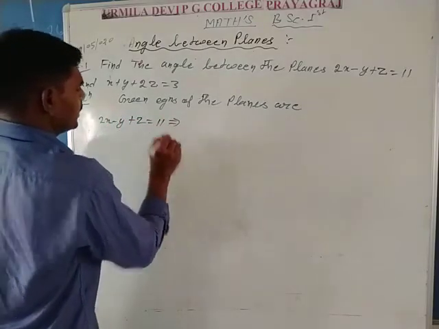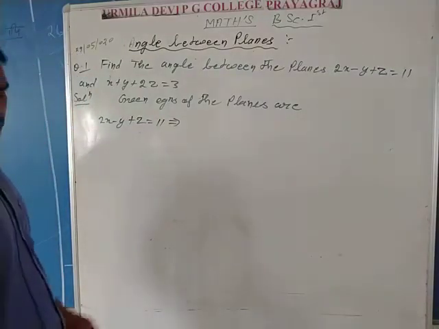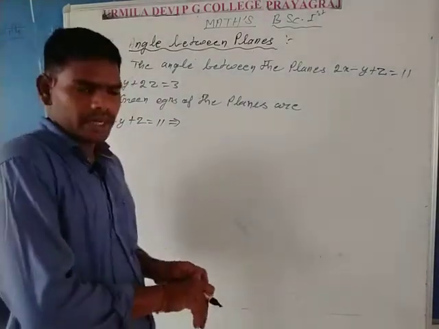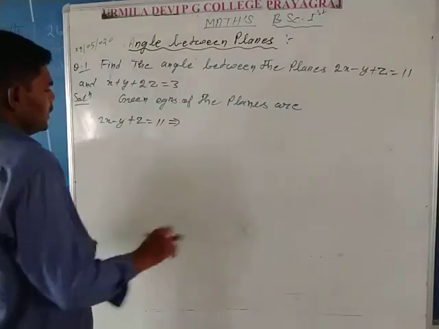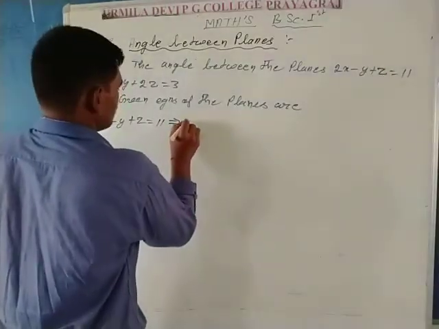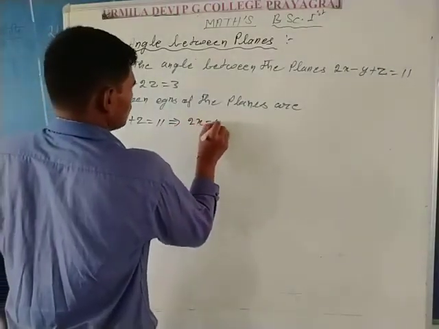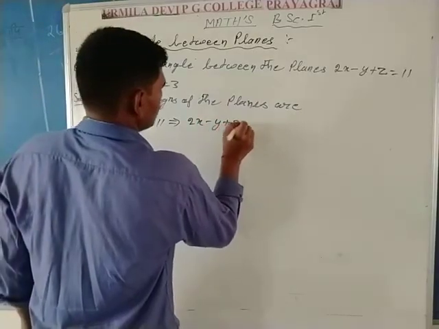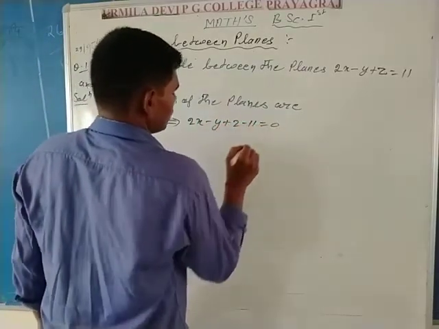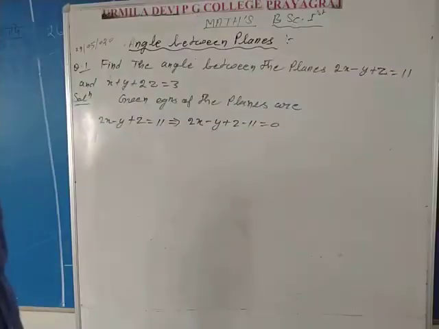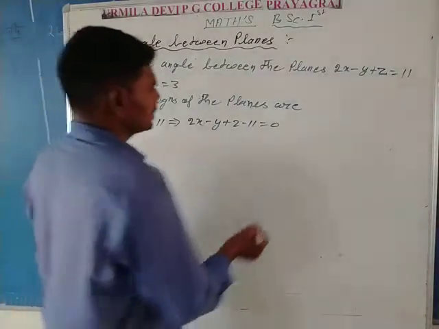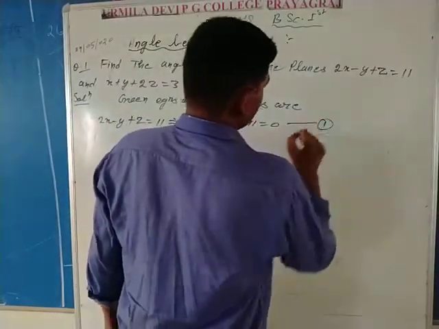Writing it in the general form of the plane equation, it is 2x minus y plus z minus 11 is equal to 0. This equation is represented by equation first, the equation of the first plane.